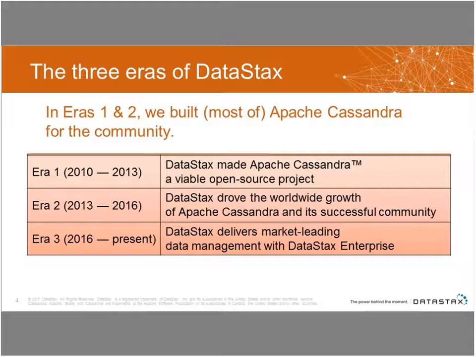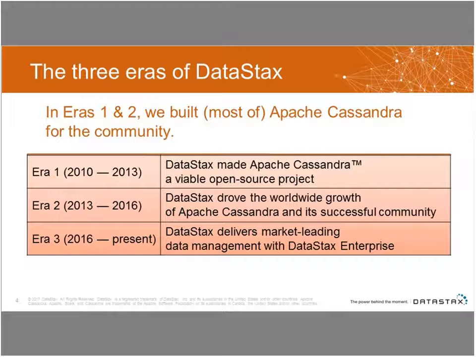If you look at era 1, 2010 through 2013, remember that Facebook had originally contributed Apache Cassandra as an open source project. However, it wasn't a very active community. So DataStax brought its resources to bear to make sure that it was a viable project, to make sure that it was maturing quickly to be able to handle more intensive requirements and workloads.